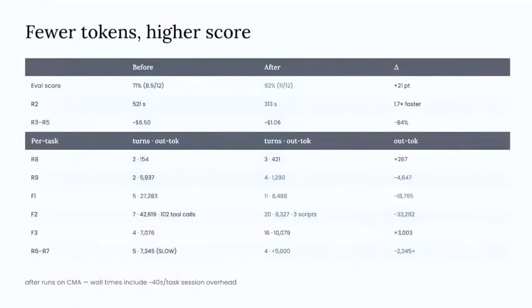Again, some of the eval results, you see that here after running this. We're getting faster. We're using fewer tokens because we're leaning into code execution. Our turn count is remaining sort of the same, but again, because the token usage and the cost is going down, I'm actually okay with Claude taking more turns.